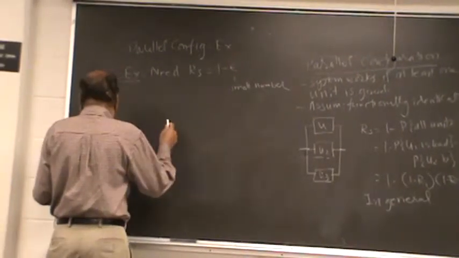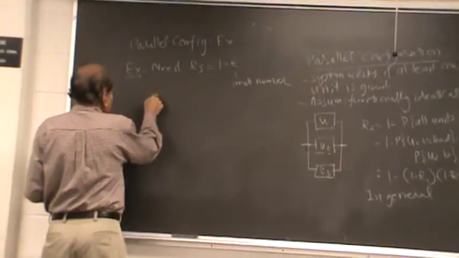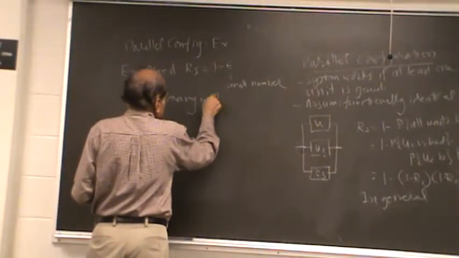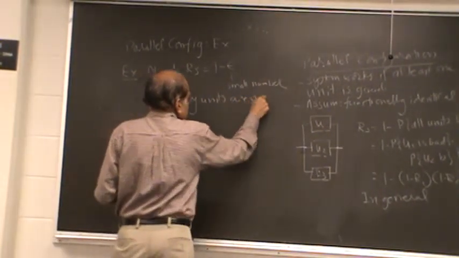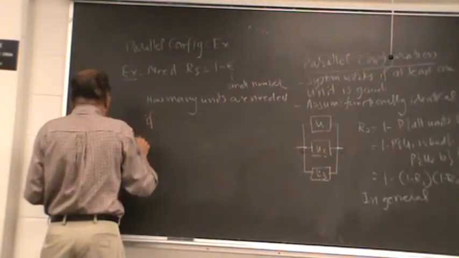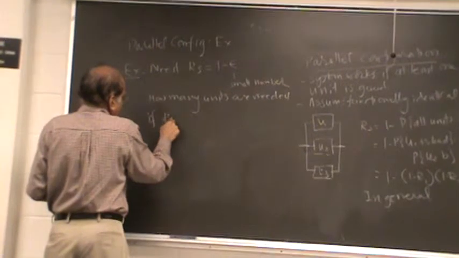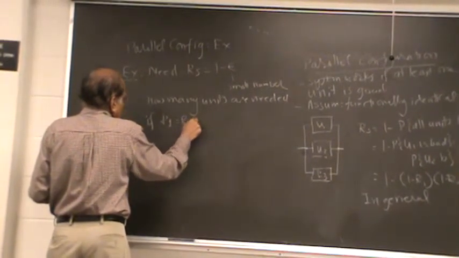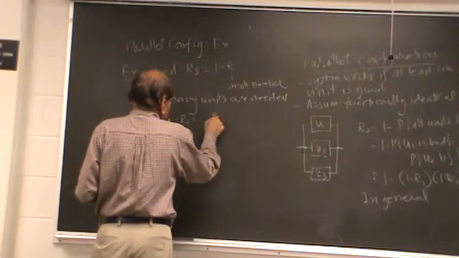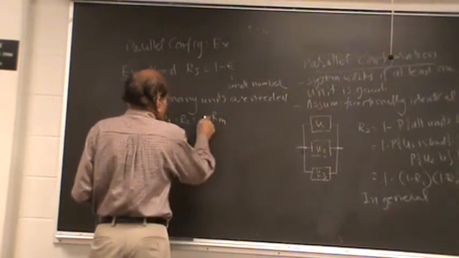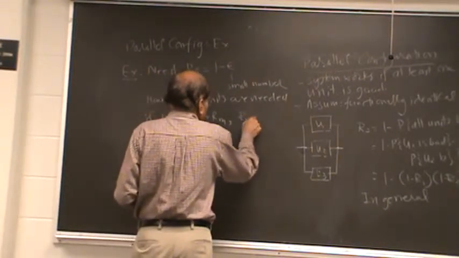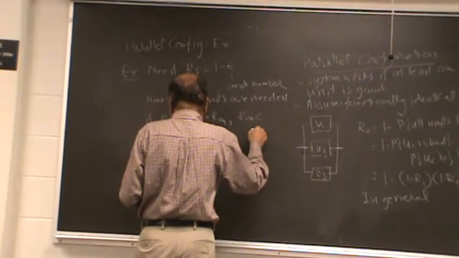So the question is how many units are needed if all the identical units have reliability equal to Rm, and let's assume that Rm is less than Rs.